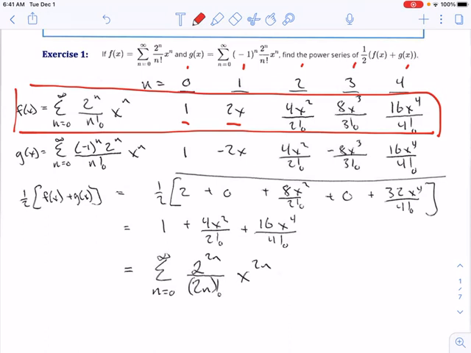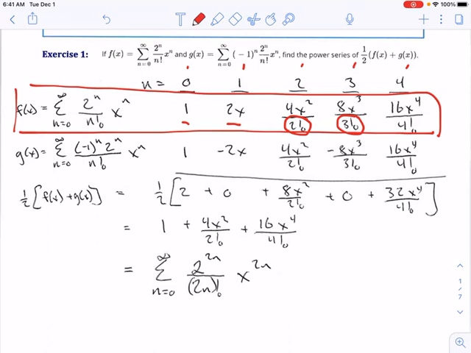Now, one thing that you're going to want to get in the habit of doing is leaving these in terms of factorials. In other words, don't write 3 factorial as 3 times 2 or 6. Don't write 4 factorial as 4 times 3 times 2, which would be 24. Leave them in terms of factorials. That's going to make it easier to simplify sometimes.